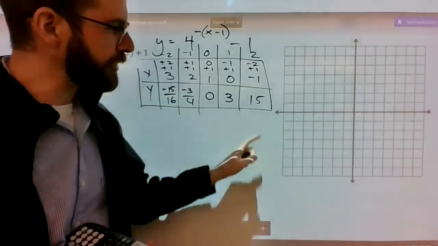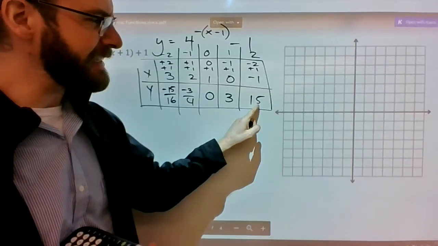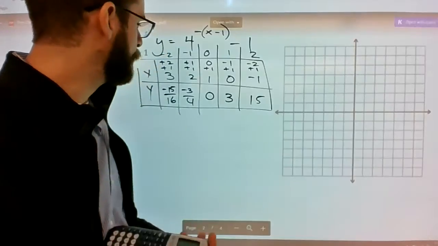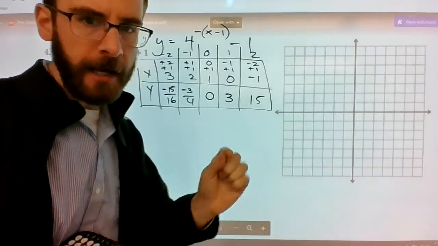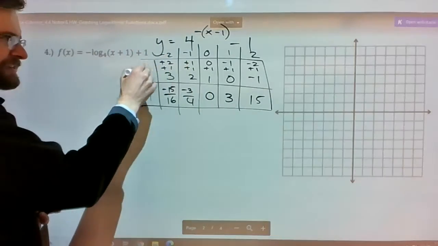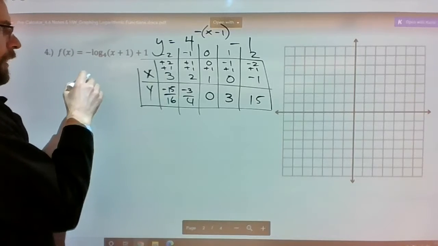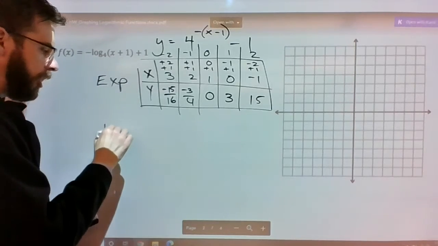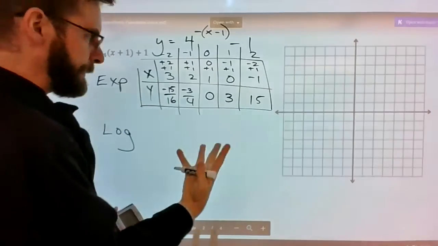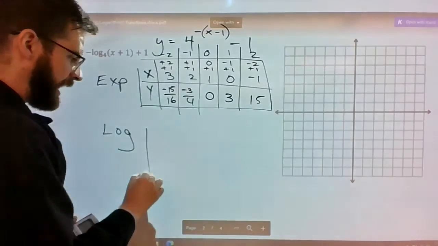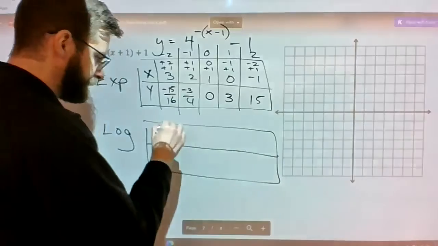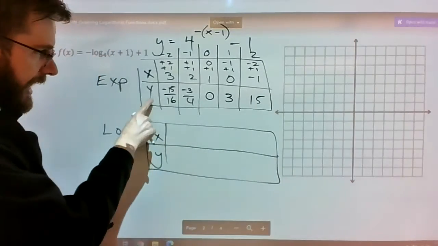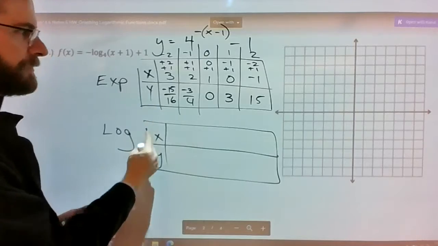Now this is kind of tricky because 15 is a really hard number to quantify on this small grid. Just keep in mind that if this is the table for the exponential, the table for the log literally flips everything around. So now the log table, and maybe I wasn't clear on this in the first video, is that every y value becomes the x value.